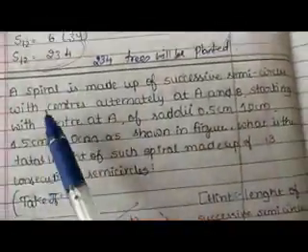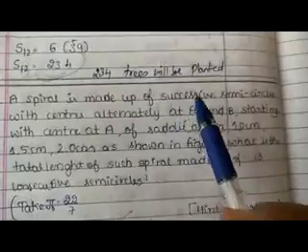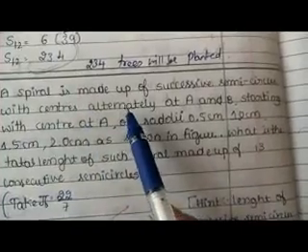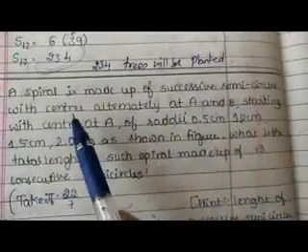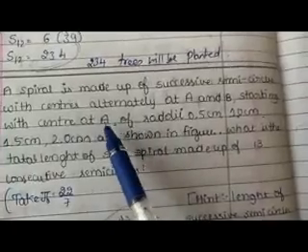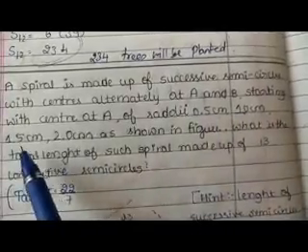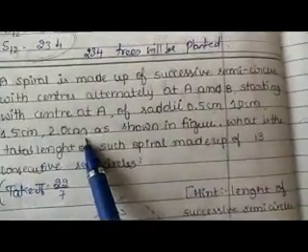We come to the next problem. A spiral is made up of successive semicircles, with the centers alternately at A and B, starting with center A, of radii 0.5 centimeter, 1 centimeter, 1.5 centimeter, 2 centimeter, and so on.